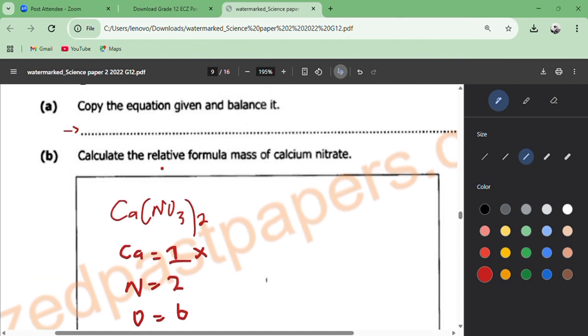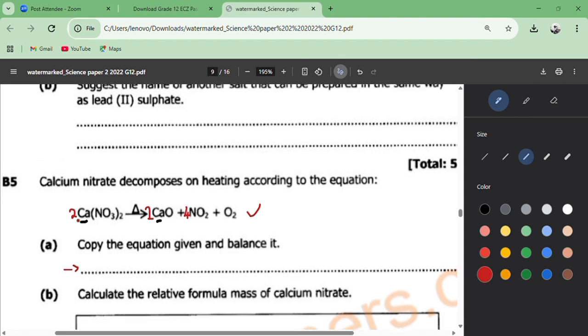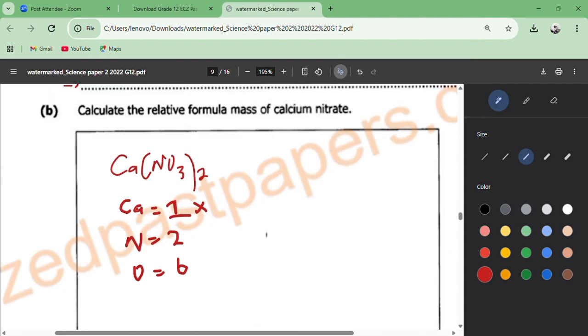When calculating the relative formula mass, you don't use the coefficient. What's the mass number for calcium? 40.